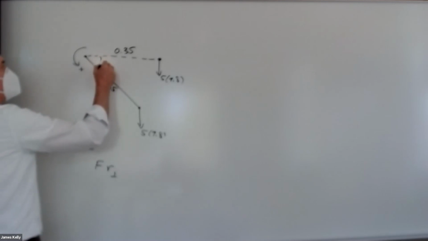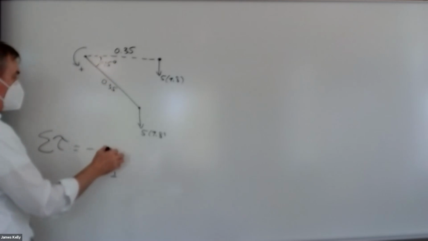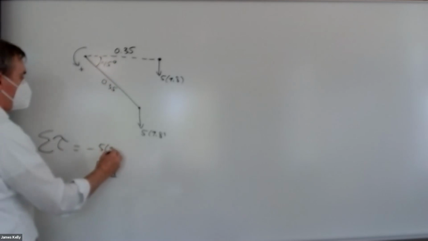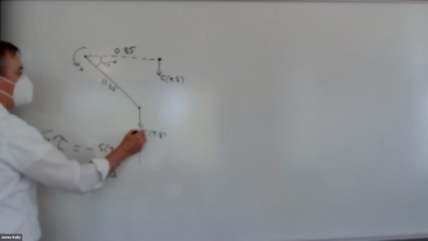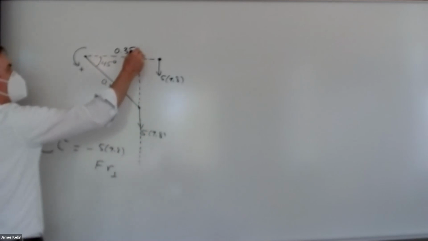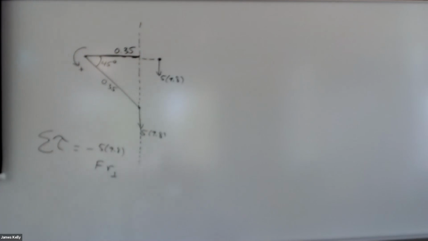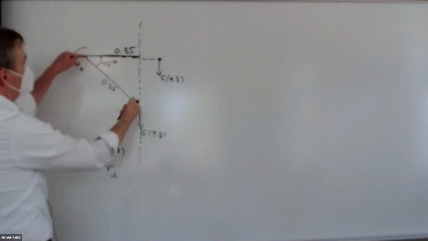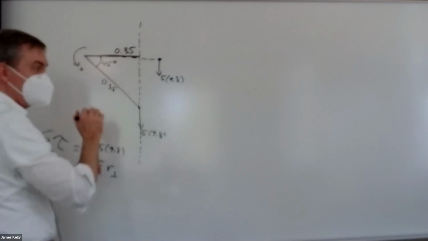Okay, and if this angle is labeled as 45 degrees, then the force magnitude is still the same. And the moment arm is given by, well, I always draw the line that contains the force vector and ask, what is the perpendicular distance from that line to the axis of rotation? And so I would think of that perpendicular distance as 0.35 times the cosine of 45.